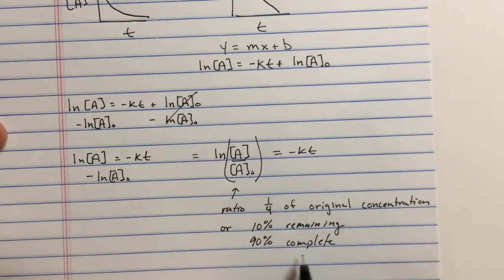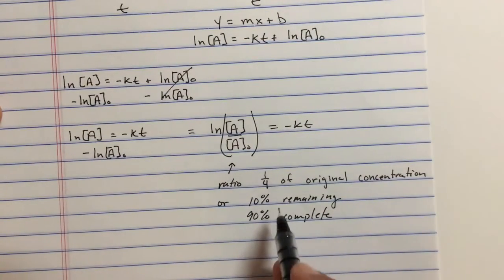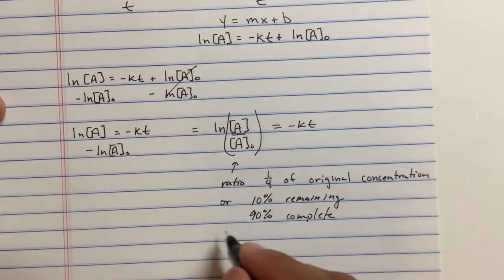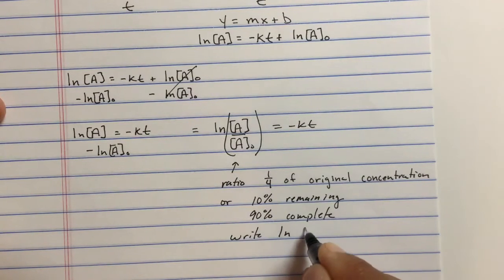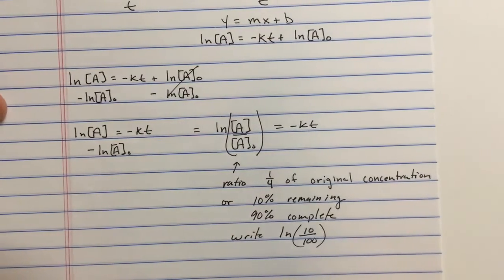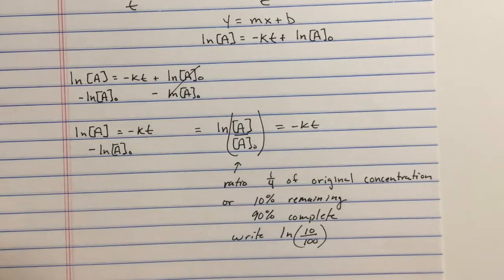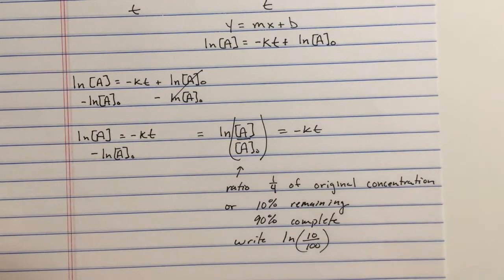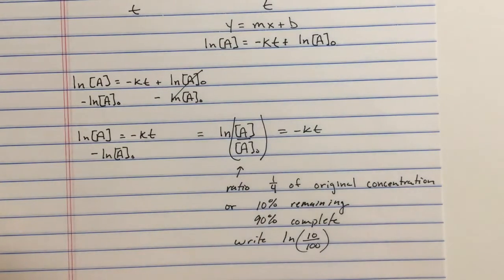If it's 90% complete, that means there's 10% of reactant remaining. And because this is a nice ratio, we can write ln of 10 over 100. It makes our calculations a lot easier. We can just plug that ratio in there. So working with first order integrated rate law is not as hard as it looks. So this is the equation I would recommend.